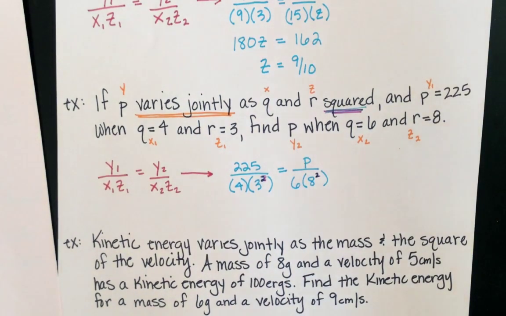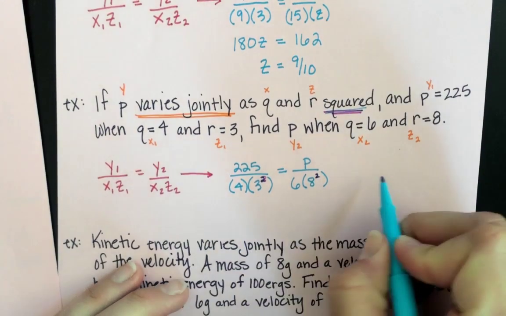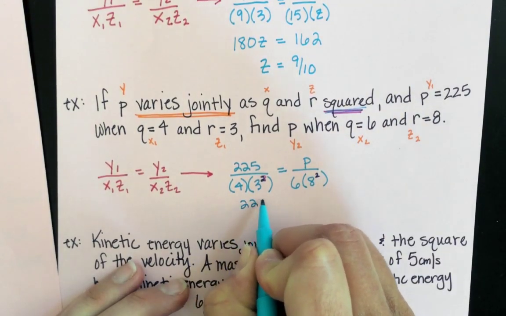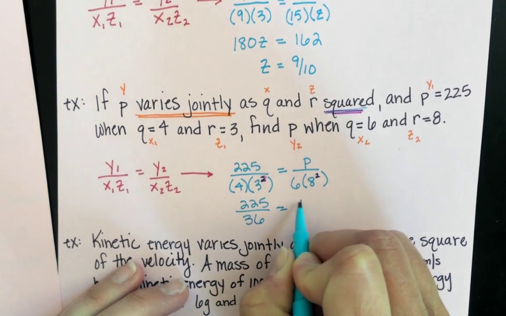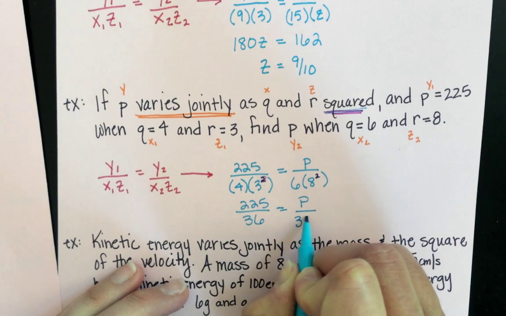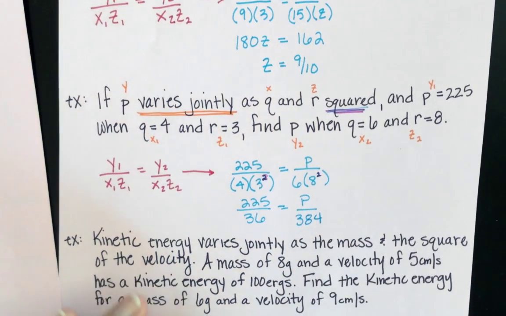And that comes in a lot, especially with area, when it's applied in, again, our science situations. You're going to see that it's going to tell us to do that. So we do have 225 over 36 equals P over 384.